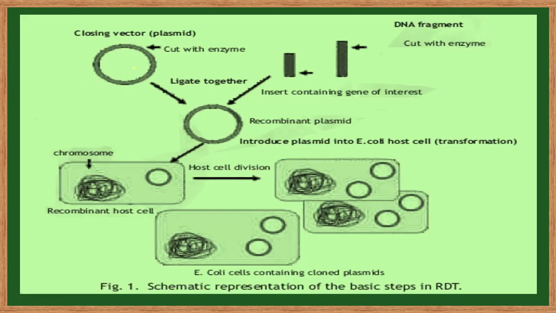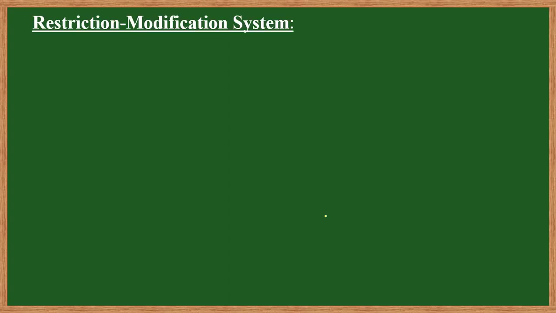Here is the vector, and this is DNA which has the gene of interest, and then here is rDNA. Now we introduce the rDNA into the host cell. The host cell has two processes, replication and expression, and after reproduction there is the formation of multiple cells.